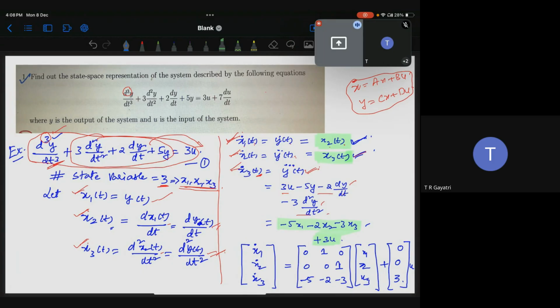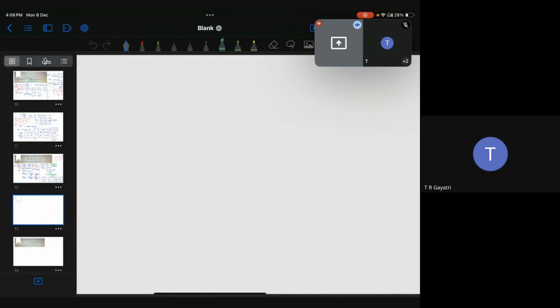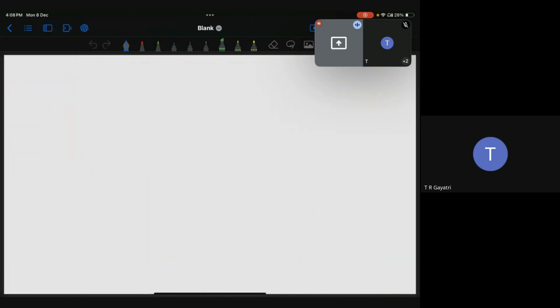So that's why on this side we got the A matrix, X matrix, B matrix, and U matrix. While choosing these terms, we have to be careful. I'll tell you how, so let's start with that.